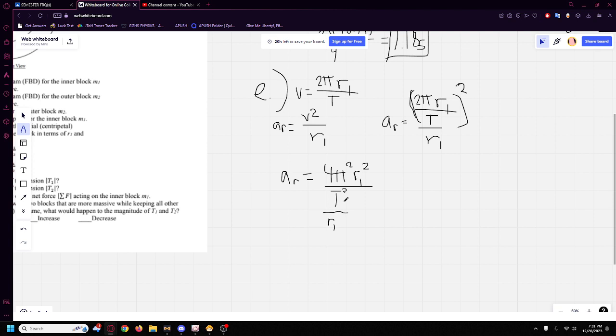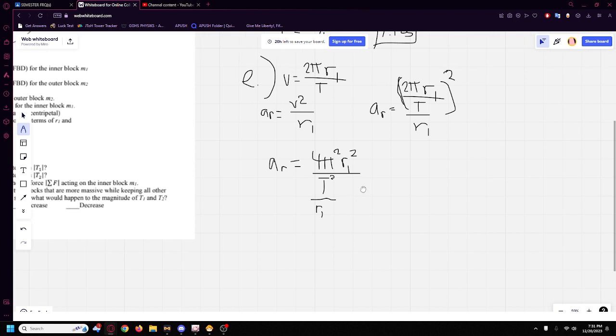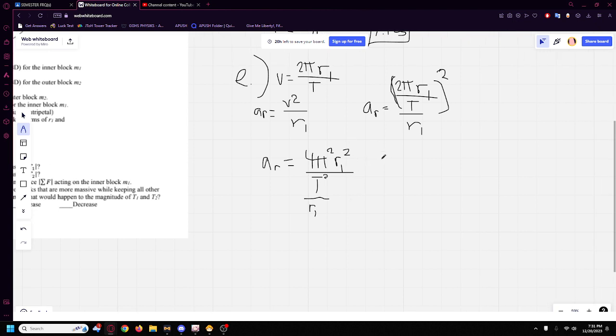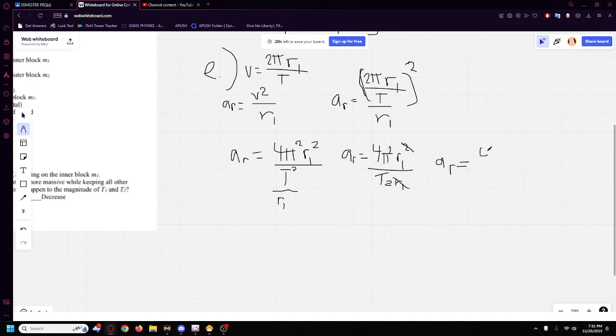The r1 and t squared are in the same denominator, and then the r1 cancels out with the square, so a_r is equal to 4 pi squared r1 over t squared.